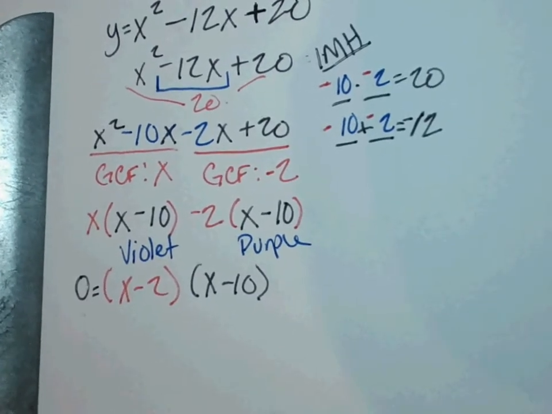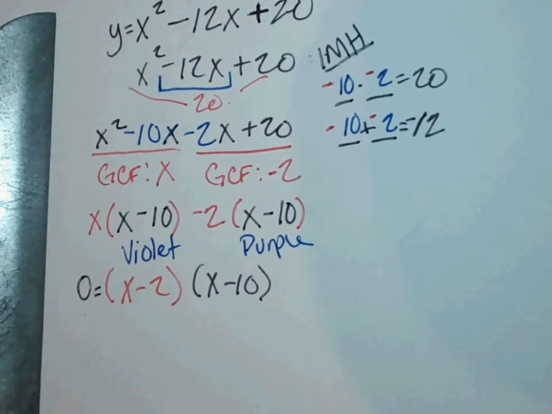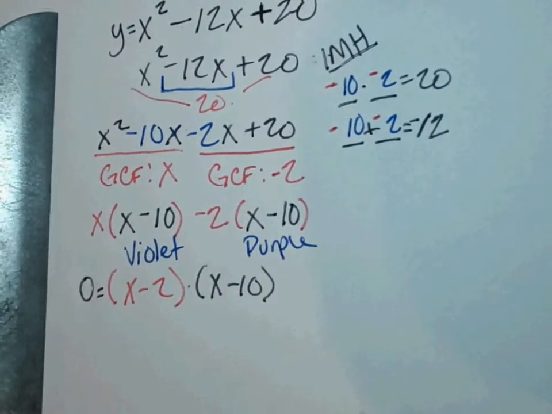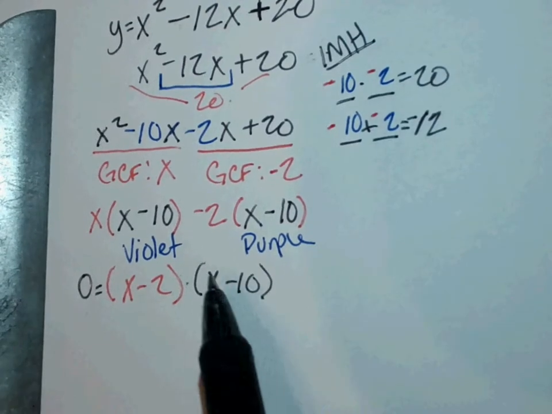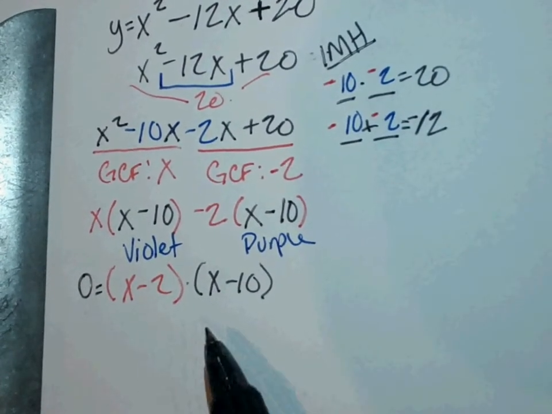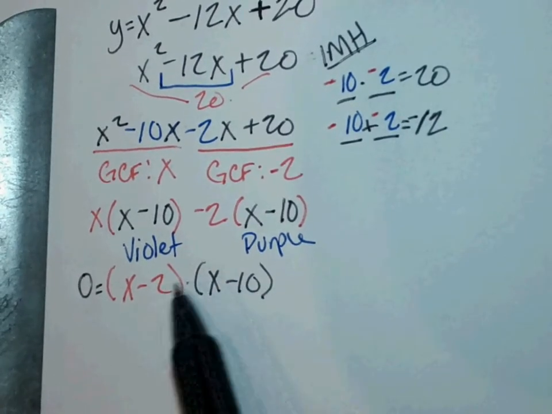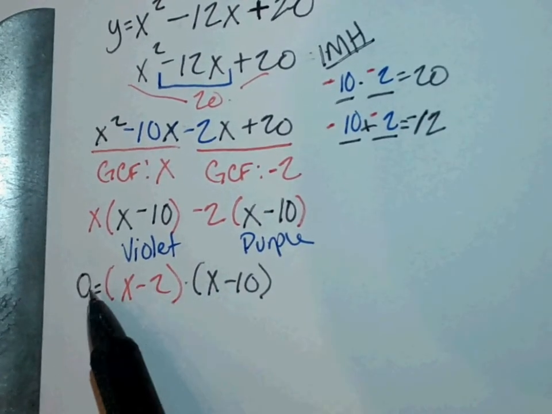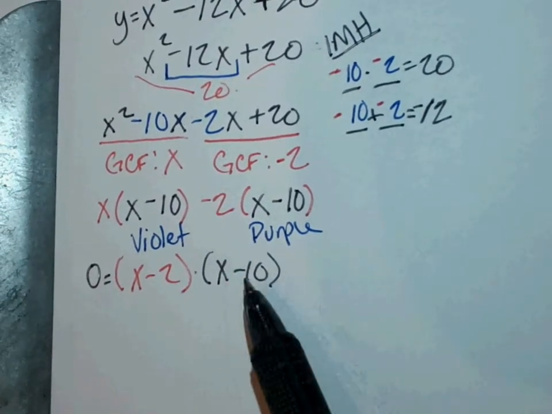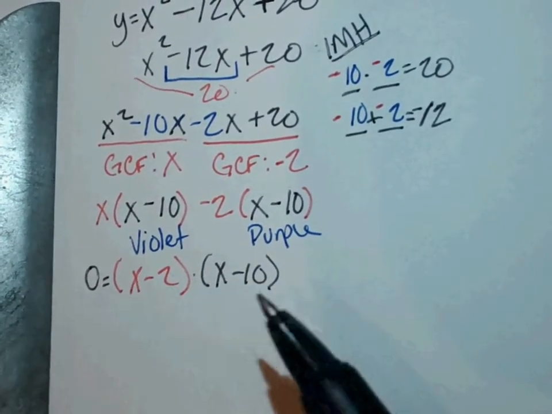The only way to get something equal to 0 when you're multiplying them is if one of these are 0. Because 10 times 0 is 0. 0 times 10 is 0. But if these weren't 0, then it couldn't possibly be equal to 0. Because if it's 1, you get a number. If it's anything besides 0, when you multiply it, you're not going to get 0.